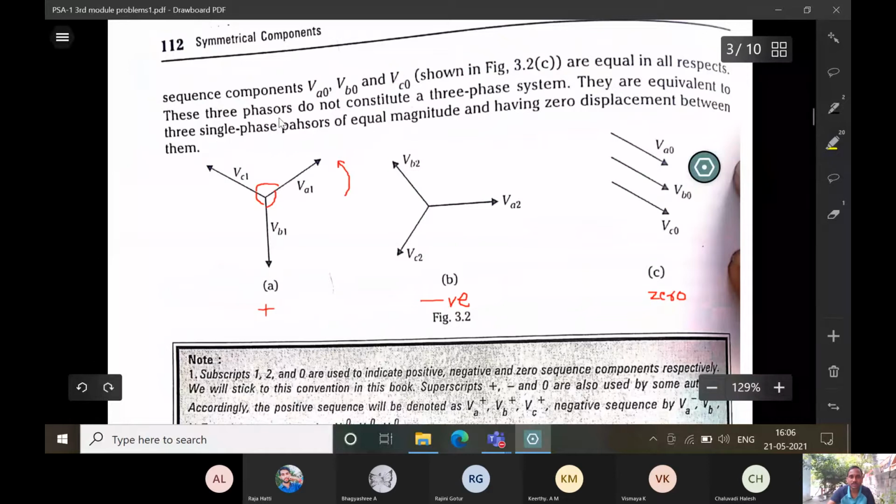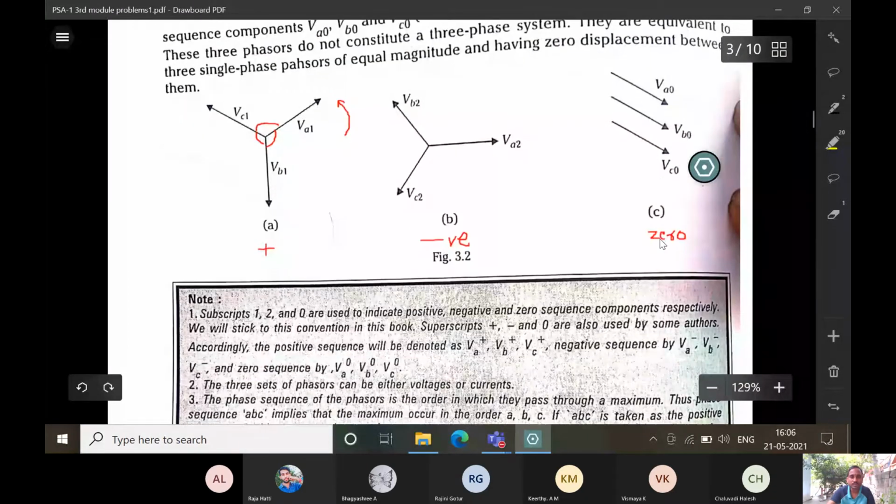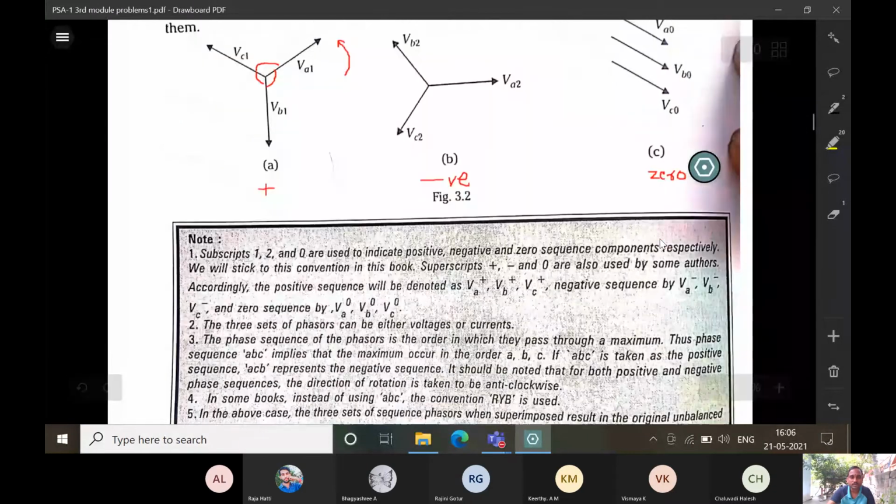These three phasors do not constitute a three-phase system. They are equivalent to three single-phase phasors of equal magnitude with zero displacement between them.